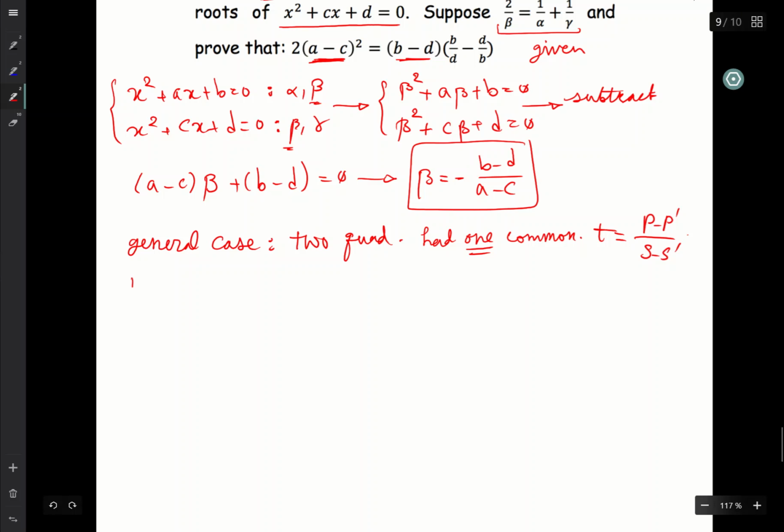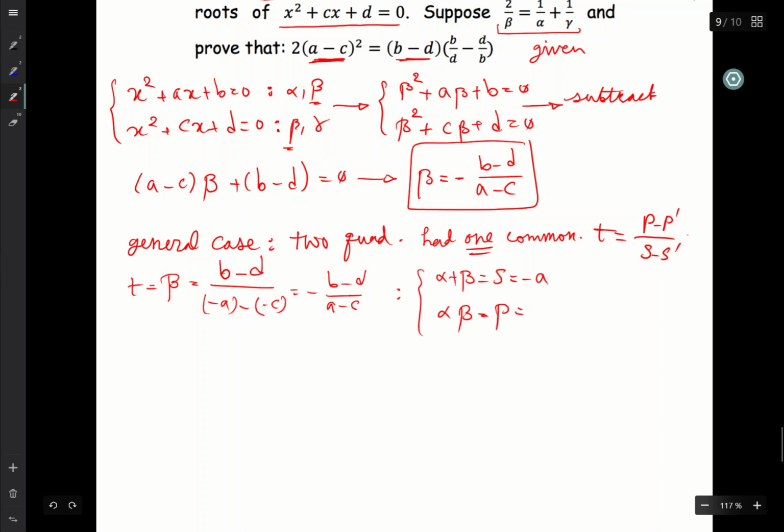Obviously this common root here is beta, p is b, p prime is d, s is minus a, and s prime is minus c. So let's write it down. Alpha plus beta is s, which is minus a. Alpha beta is p, which is b.